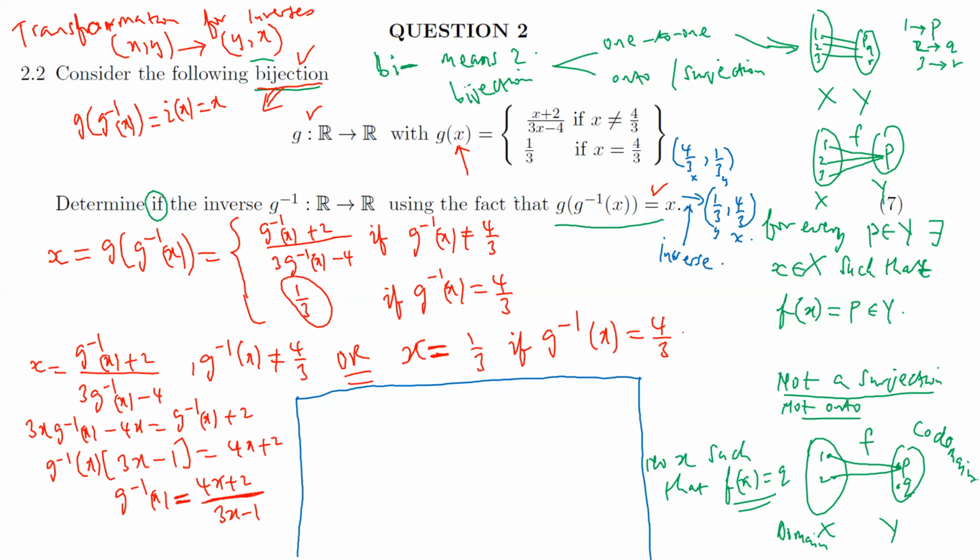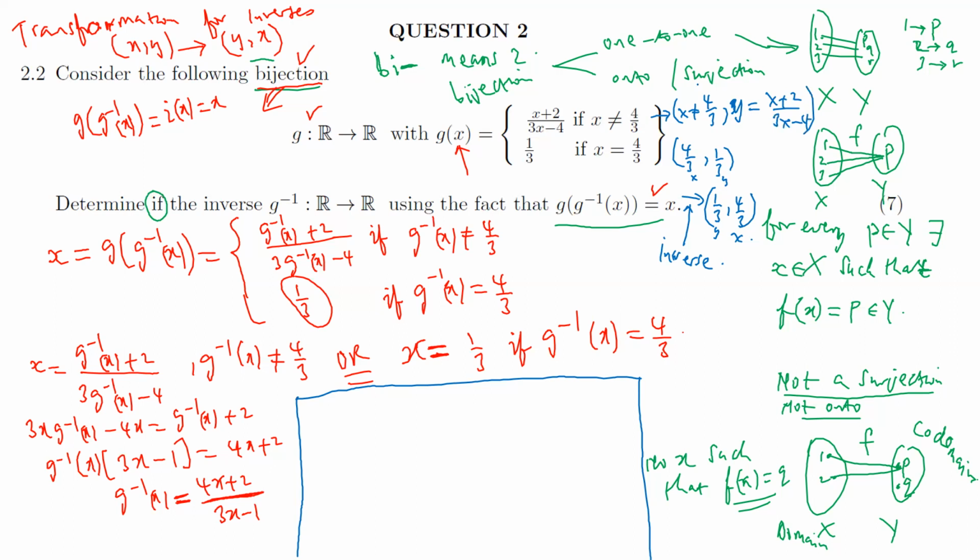But also, now I want us to look at this one here. You have the x. X is not 4/3, but it's everything else in R. And the y, put y, G, which is x plus 2 over 3x minus 4.